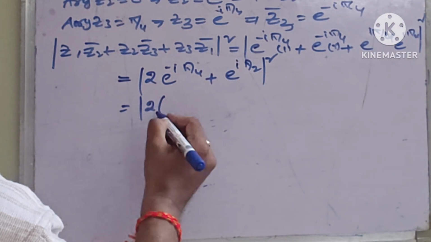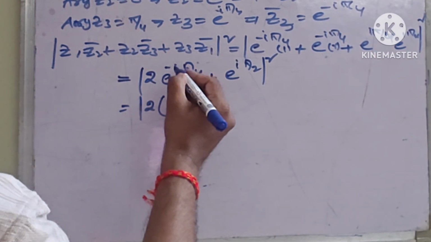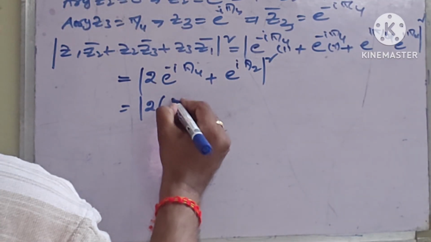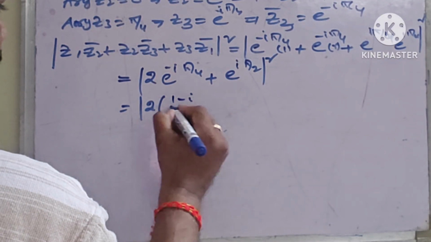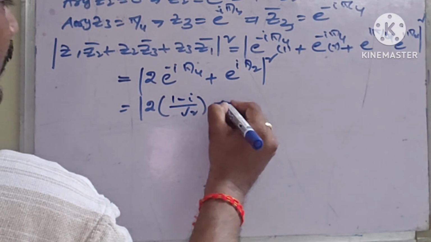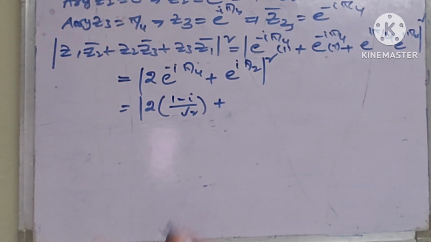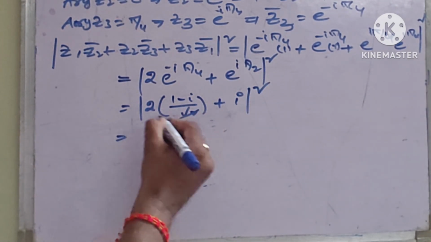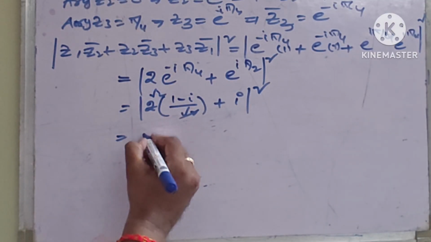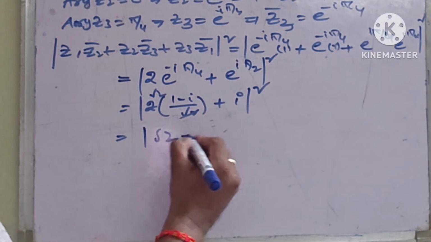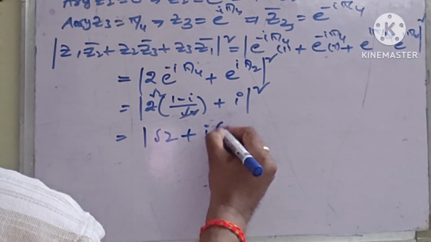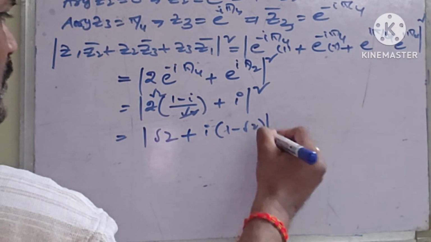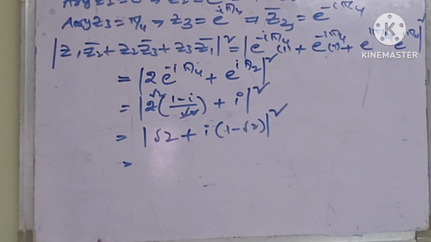So modulus of 2 e power minus iota pi by 4 means 1 minus I by root 2, plus e power iota pi by 2, that is I, whole square. Now here root 2 once, root 2 times, then root 2 plus, here I is common, 1 minus root 2 whole square. So apply the modulus and squaring on both sides.